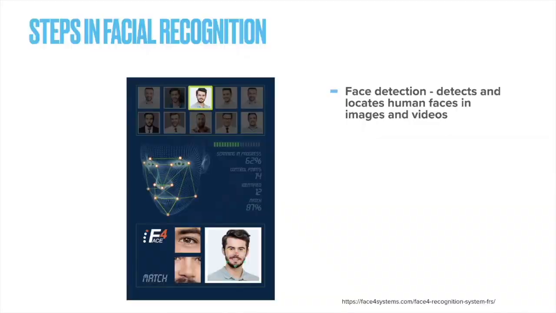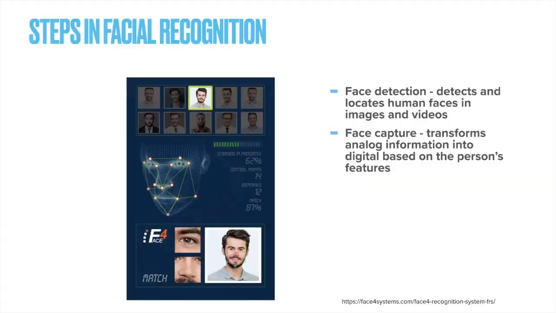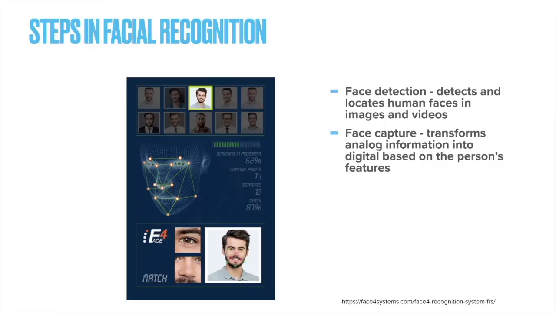The second part is face capture, which actually details the information of that face based on its features. If you see in this image, the first set of images is where we are trying to detect the face. In the second part, as you can see, there are dots on the faces. Using the geometry of the face, the machine is trying to capture the basic information.